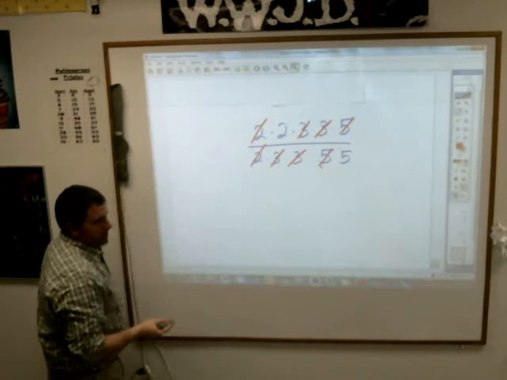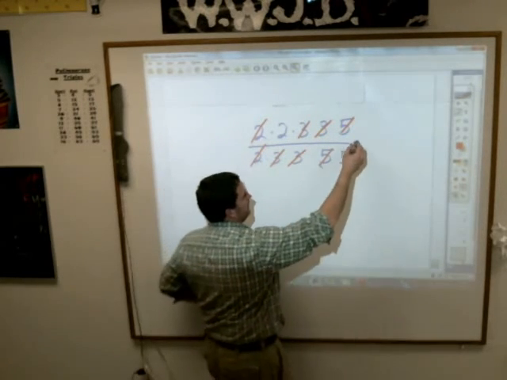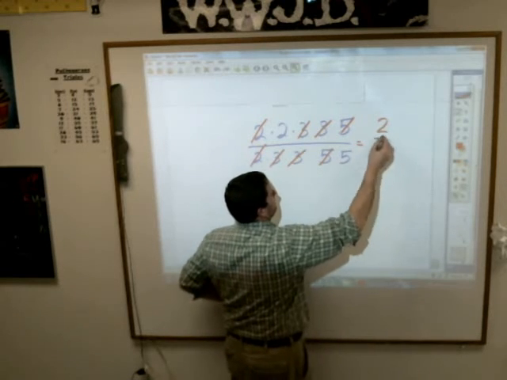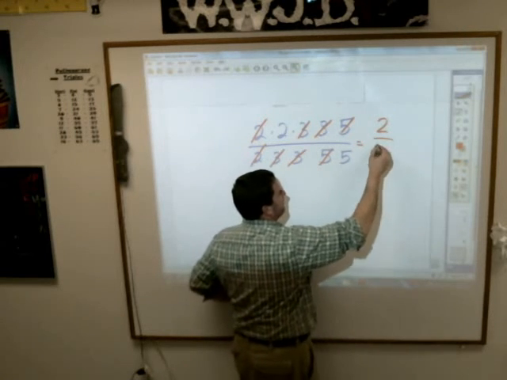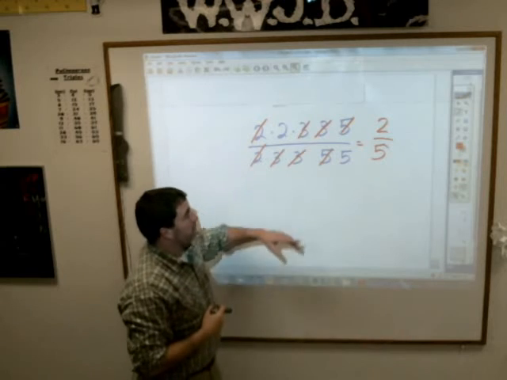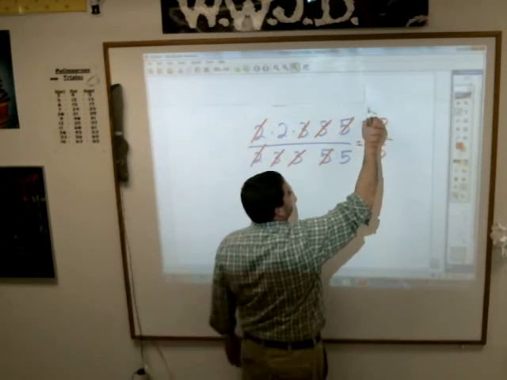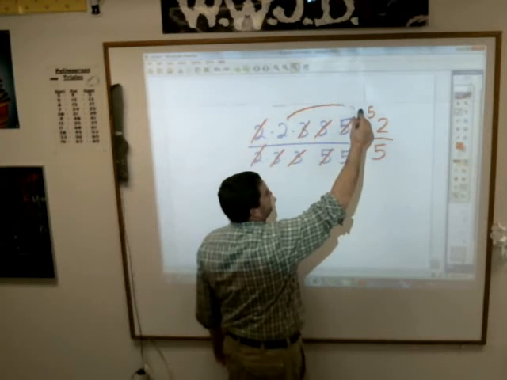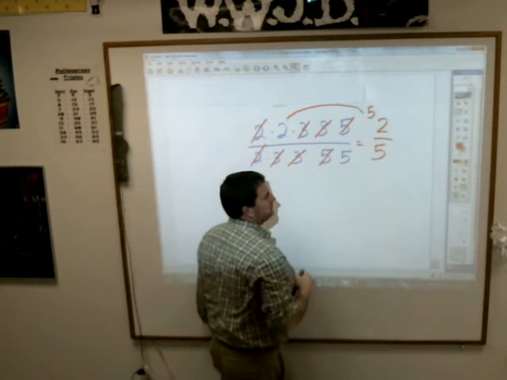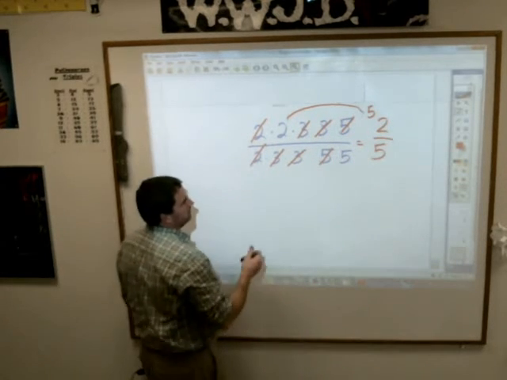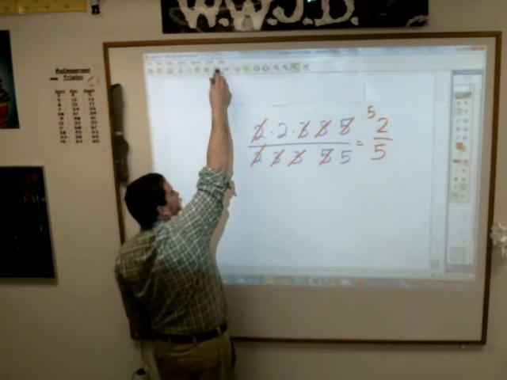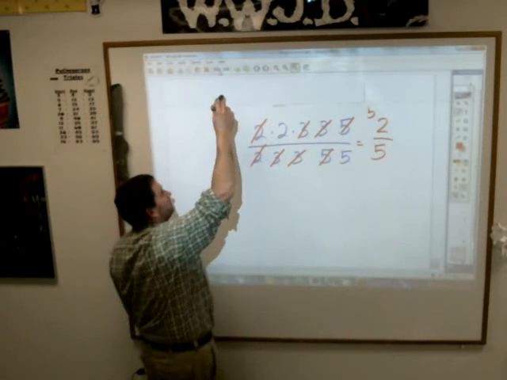Nothing else crosses off, so you're left with a 2 left on top and a 5 left on bottom. If there would have been another number left up here, let's say there was another 5 up here, then you would have remultiplied this 2 times the 5 and it would have been 10. Okay, but there wasn't, and there's not for right now, so you don't have to worry too much about that.